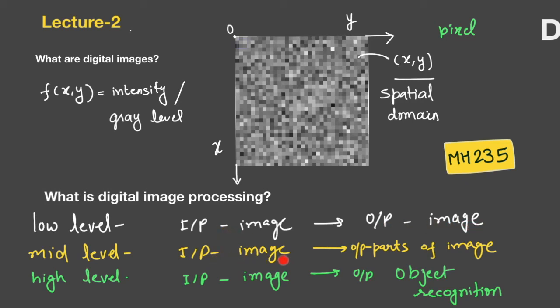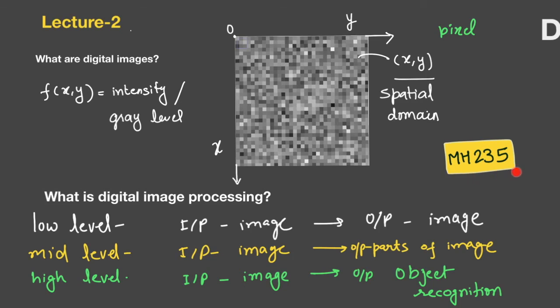My input was an image and output is an improved version of it. Mid level imaging could be if I have an entire image of a vehicle and I try to extract the part of the image which comprises the number plate, then it will be mid level image processing. High level image processing can be taken here if from that image I am able to extract this part, and then I can write this MH235 in digital form.